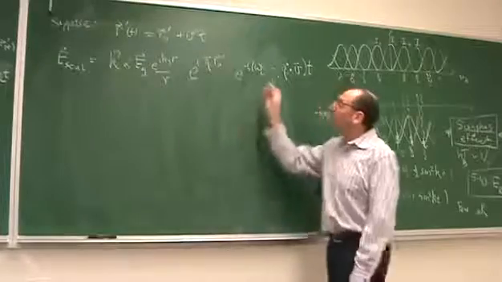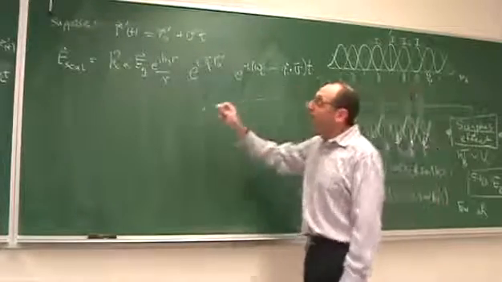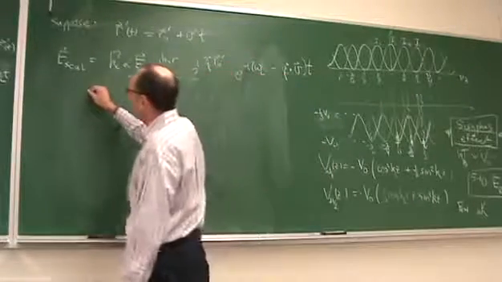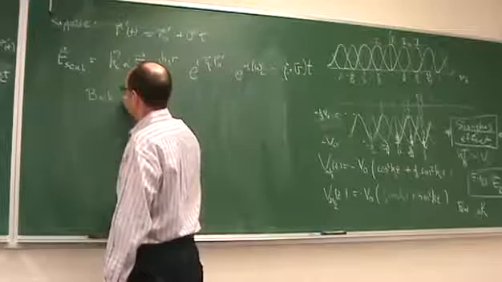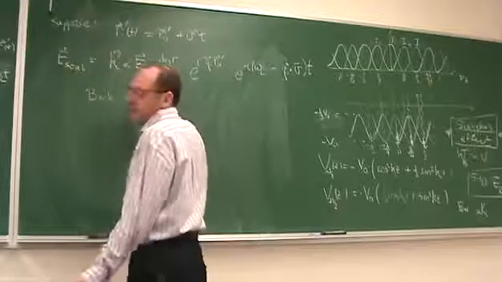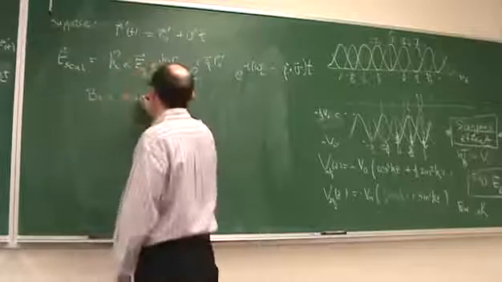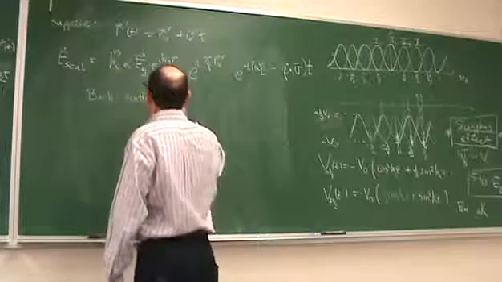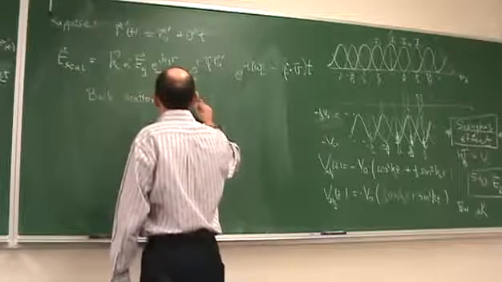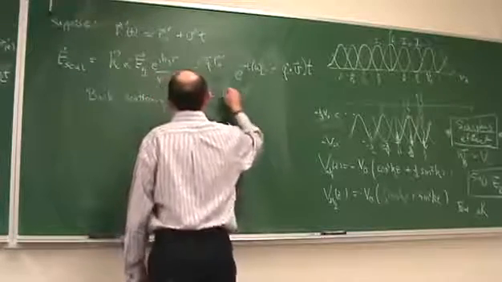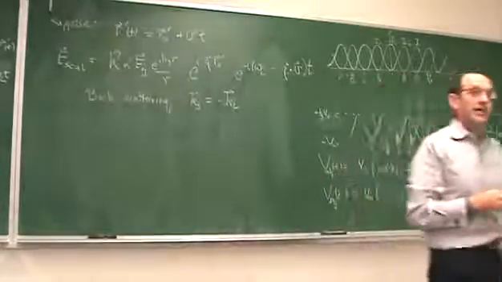Suppose we look at backscattered light, or light scattered in any direction other than the forward scattered light. Let's look at backscattering, in which case the scattered light is in the opposite direction of the incident field.